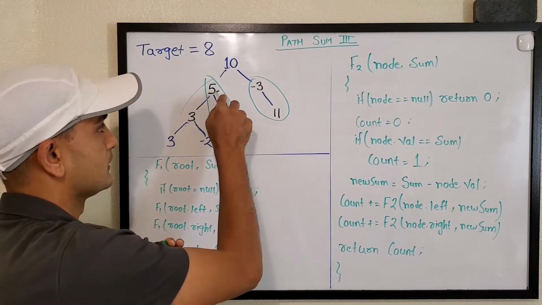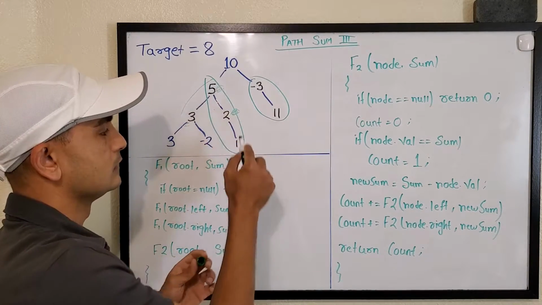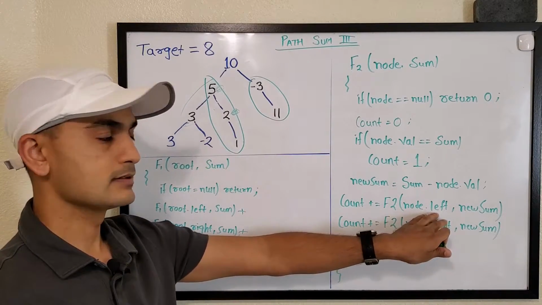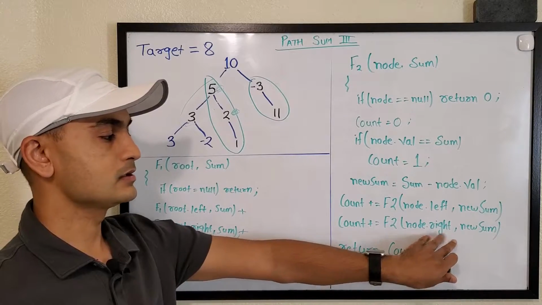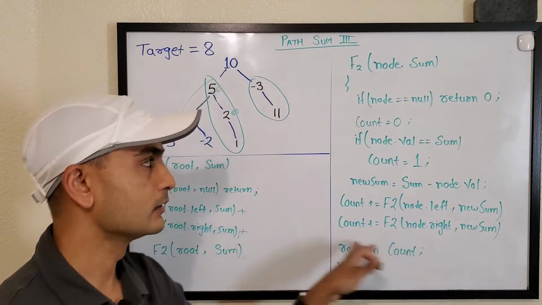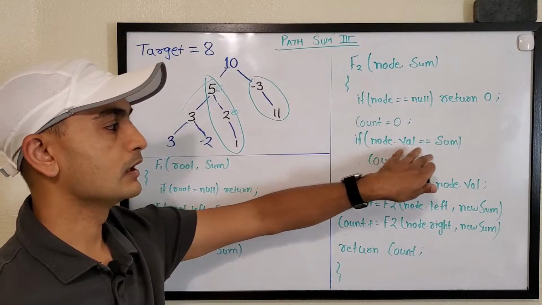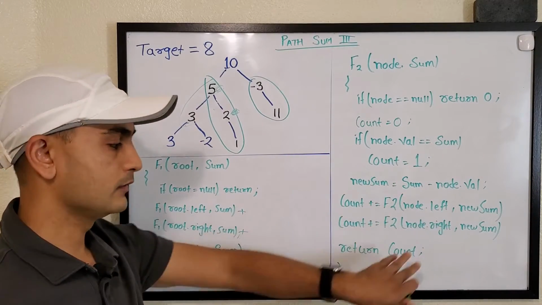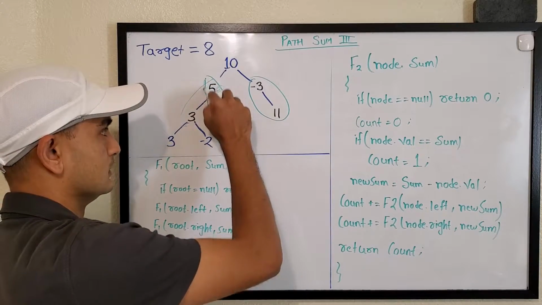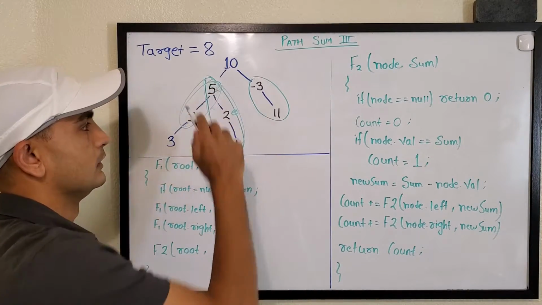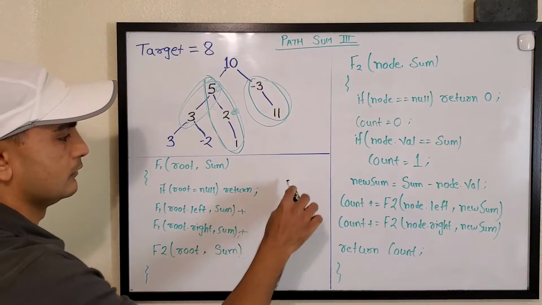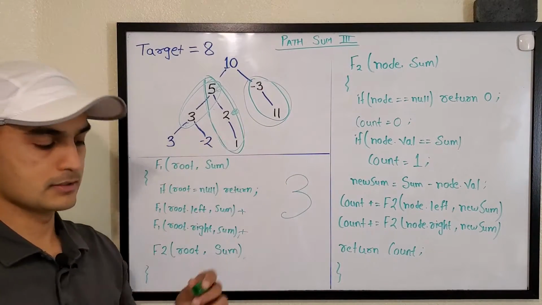Our new sum is now 1, and this is null, so for node.right with new sum 1, we call it, and 1 matches 1, count 1, all the children are null, so we'll return 1. So again we'll find one more path, and likewise we'll find this path also. So eventually we'll get our count of 3 for this.